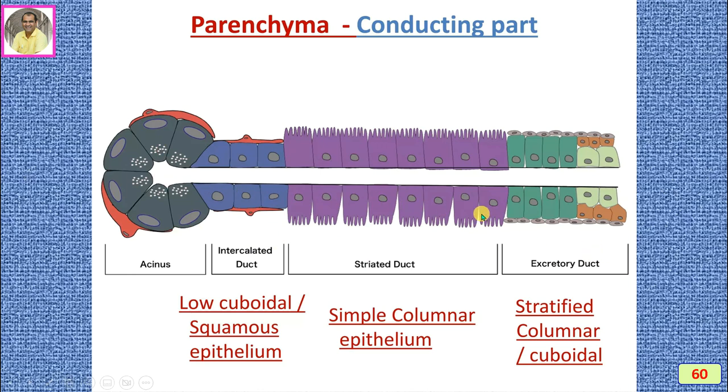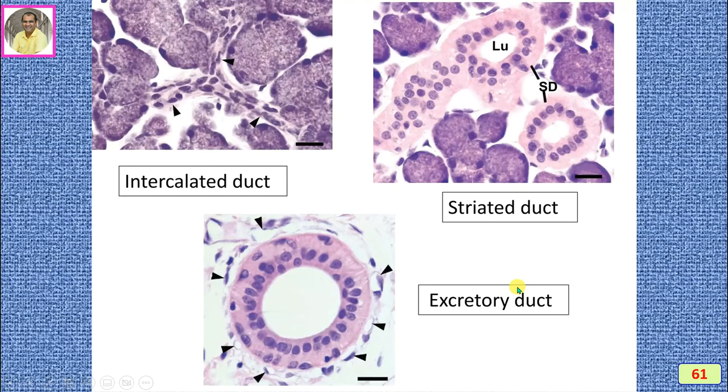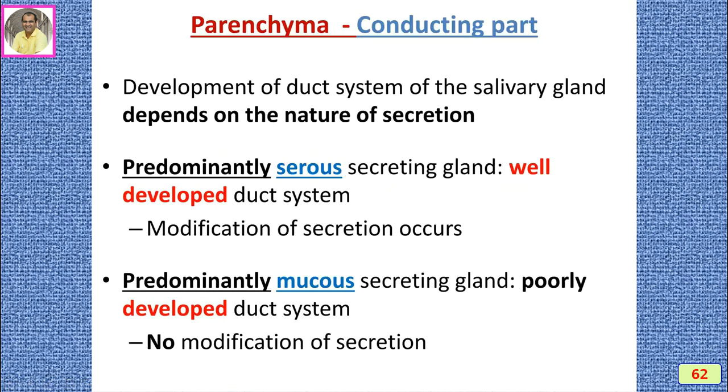So a lengthy duct will be there in the parenchymatous tissues. So low cuboidal squamous epithelium and simple columnar epithelium, then stratified columnar or cuboidal cells. The same type of cells are seen, especially in histopathology.